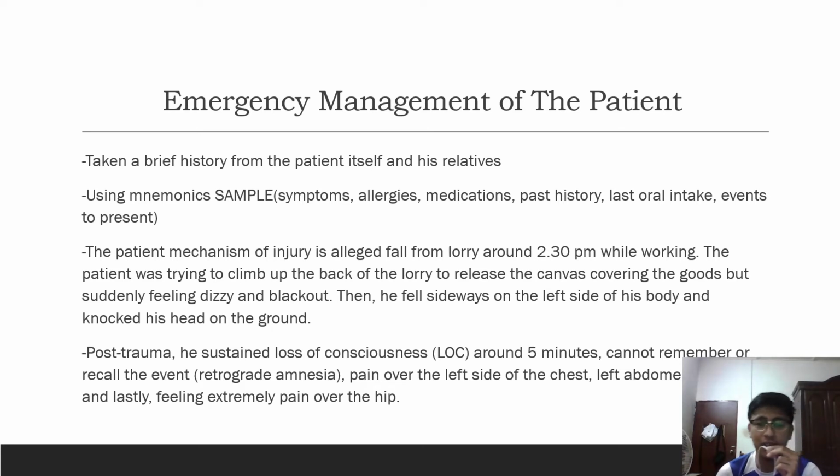Then he fell sideways on the left side of his body and knocked his head on the ground. Post-trauma, he sustained loss of consciousness for around 5 minutes, cannot remember or recall the event, as we call in medical terms retrograde amnesia, pain over the left side of the chest, pain over the left side of the abdomen, and lastly, feeling extreme pain over the hip region.